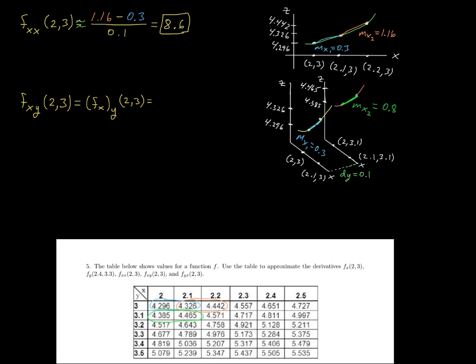And so now what is the xy mixed partial measuring? It's saying, how did these two slopes compare, as a rate measured against this change in y, which again is 0.1.